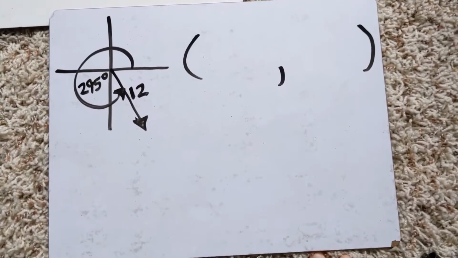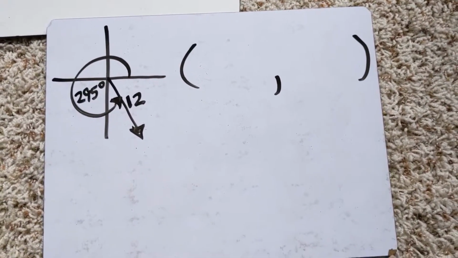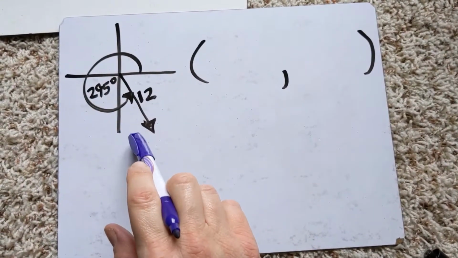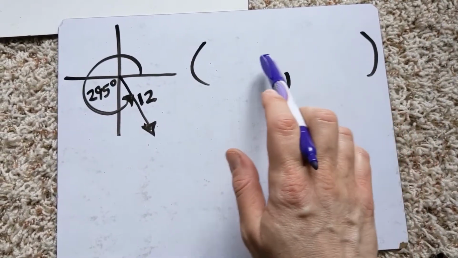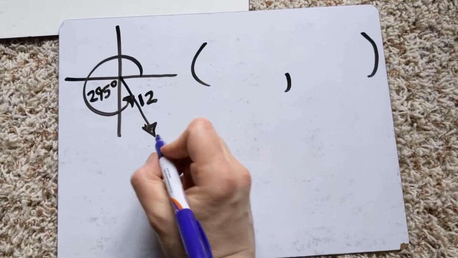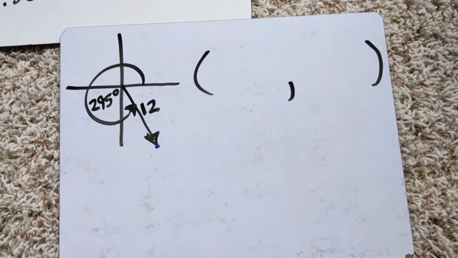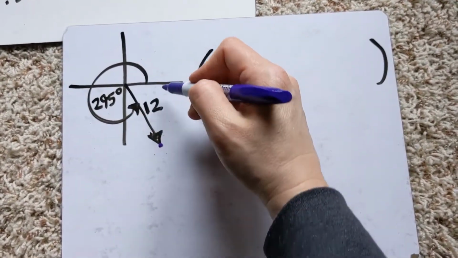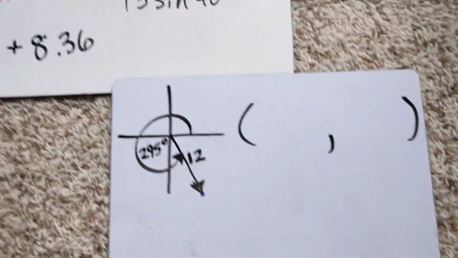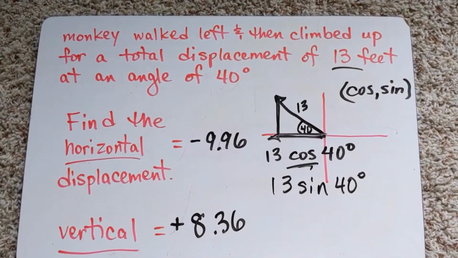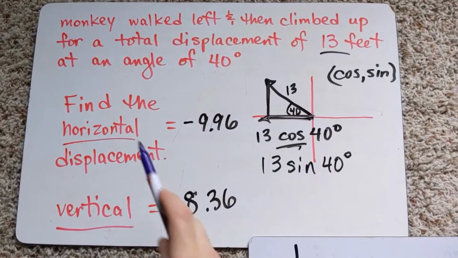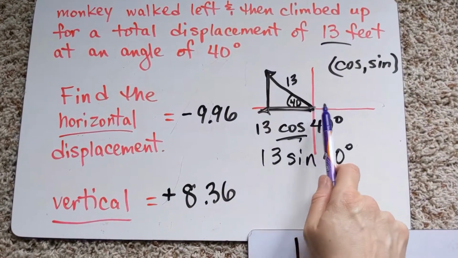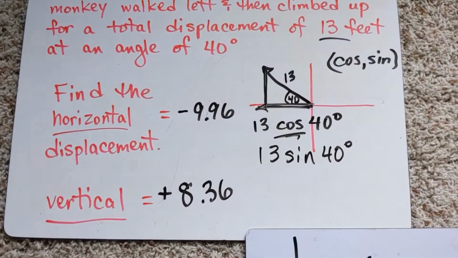The last type of problem you're going to see on these 3 activities will start out looking like this, and they want you to give the point, basically this end value, and that means they want the x and the y value. That's kind of like we were doing on the monkey problem. Horizontal and vertical displacement is just the measurement of the x and the y.